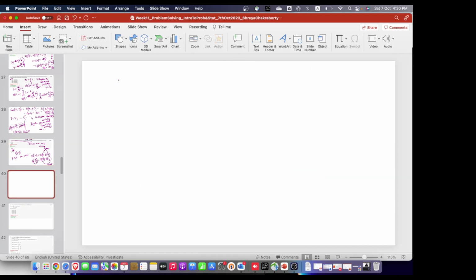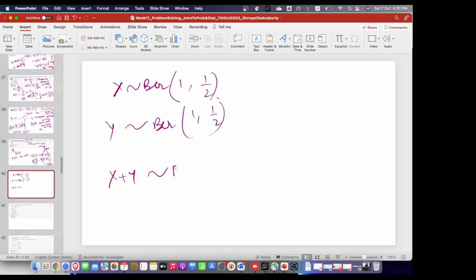Another example to support this: let x follow a Bernoulli with probability 1/2, and y also follows a Bernoulli half. So x plus y will follow a binomial 2, 1/2, independently.